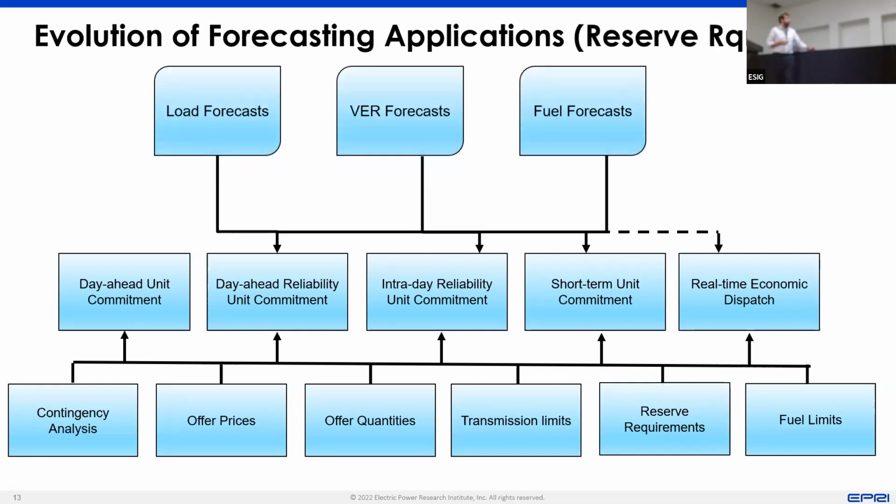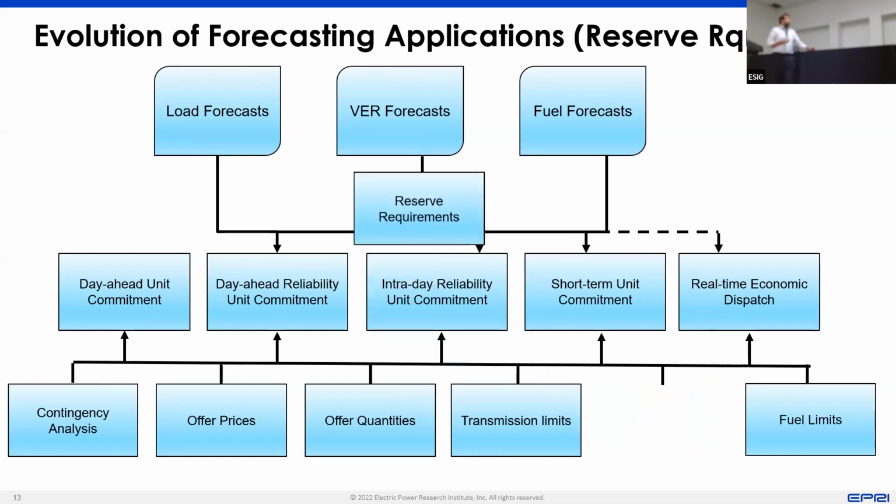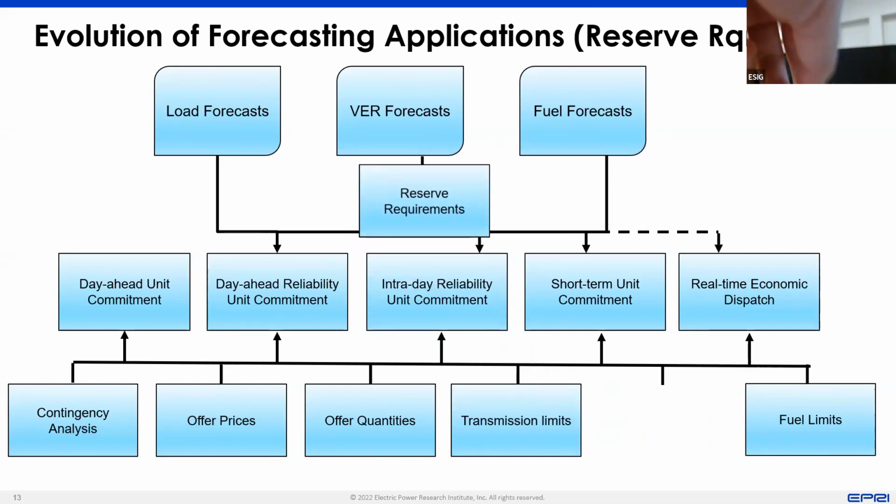So a couple of examples. First is reserve requirements. We have a lot of research showing that you can forecast what the reserve requirement is, just like you forecast what the load is or what renewable output is. As the easiest example, if I use reserve in case a cloud comes over my solar field, should I procure that reserve at midnight?